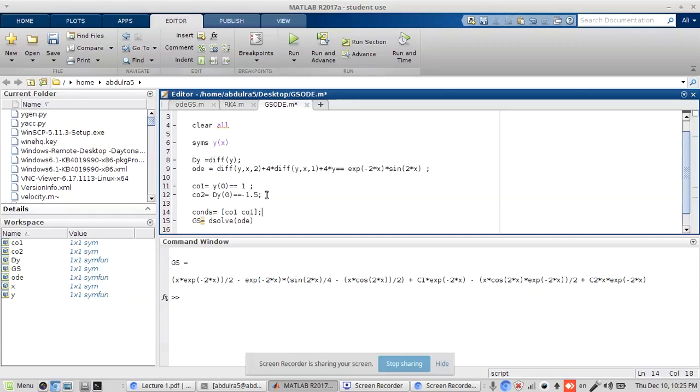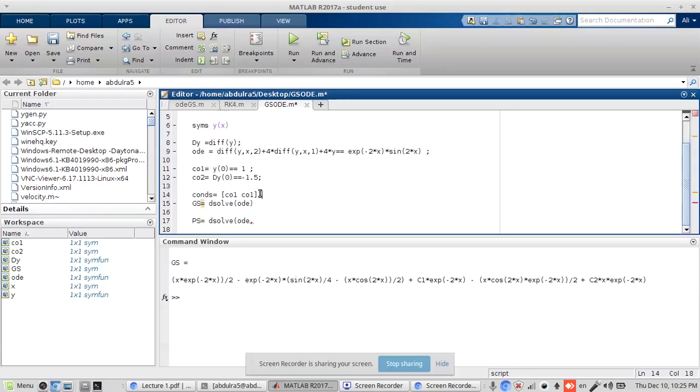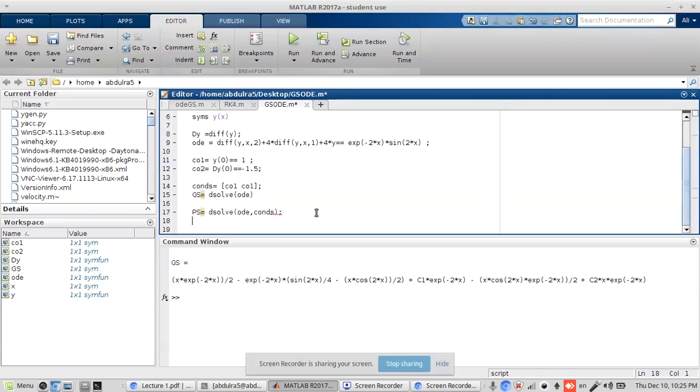So these parentheses mean the conditions are a vector, condition 1 and condition 2. So let me write the exact name here as it appears here. So now this one should give me, I want to close this one and open this one to give me the particular solution at these two conditions.